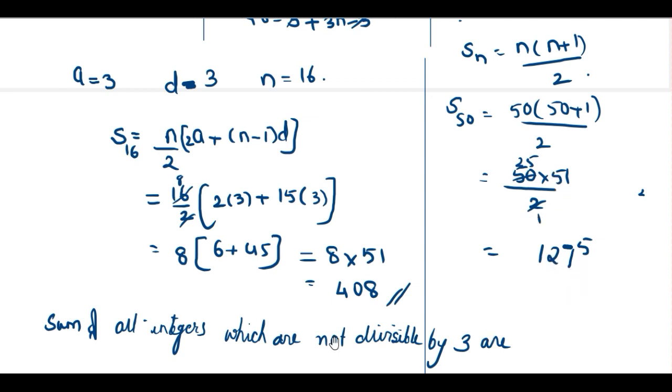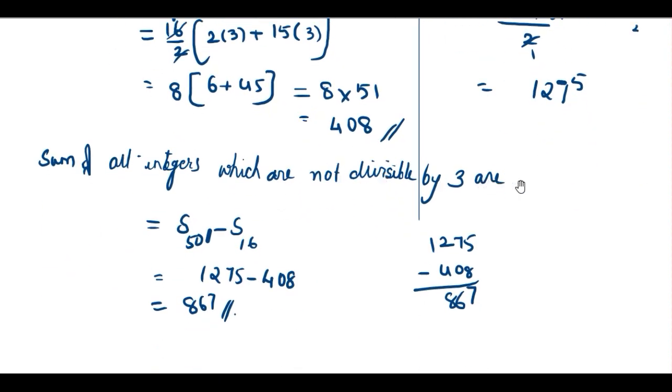Now, the sum of all integers which are not divisible by 3 is S50 minus S16, that is the sum of all the integers up to 50 minus the sum of all the multiples of 3, which is 1275 minus 408, giving us 867. That is the required sum of all the integers between 1 and 50 which are not divisible by 3.